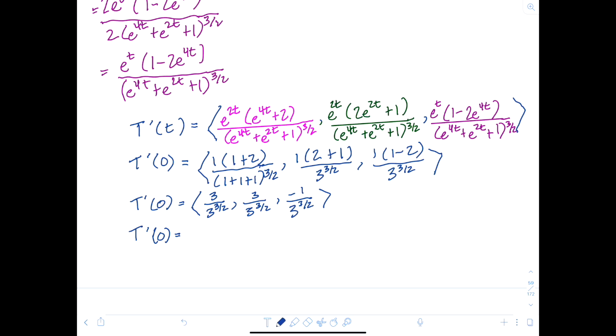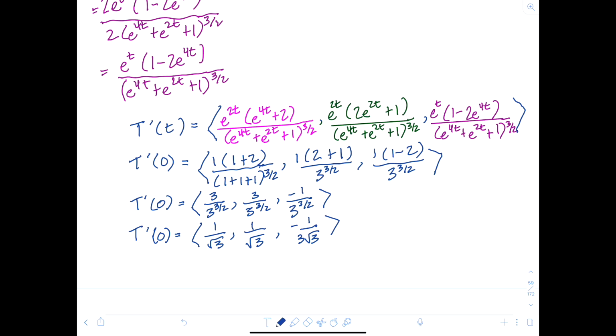So I'm just going to write this as 1 over root 3, 1 over root 3, and this one is negative 1 over root 3. Cool so far? All right.